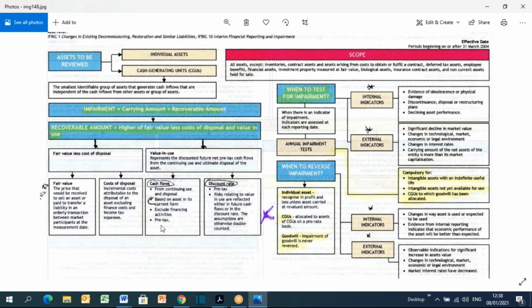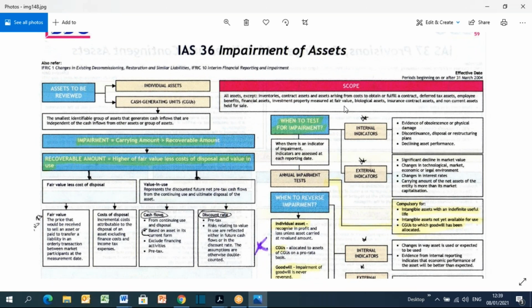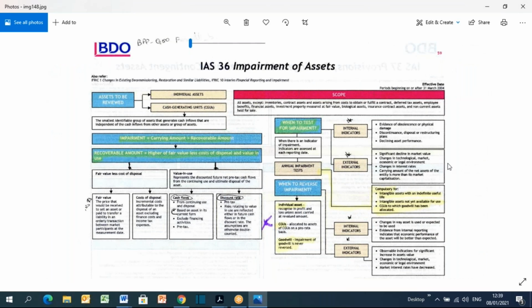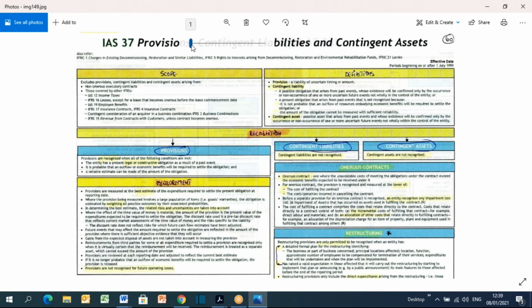So you have to take the asset in the current condition. Also, the discount rate should be pre-tax. So again, impairment of assets, you will come across this standard so many times. It can be asked as a short question.